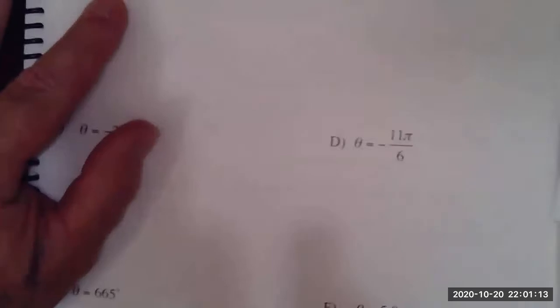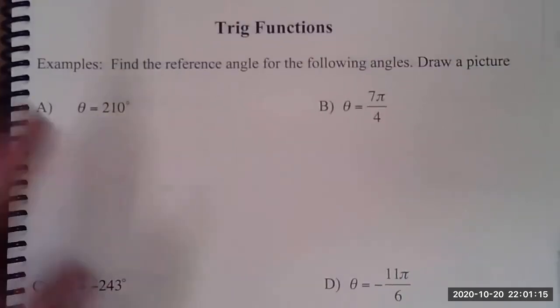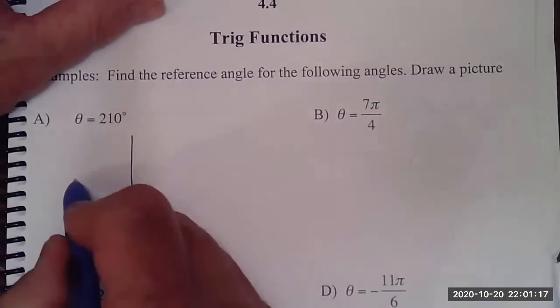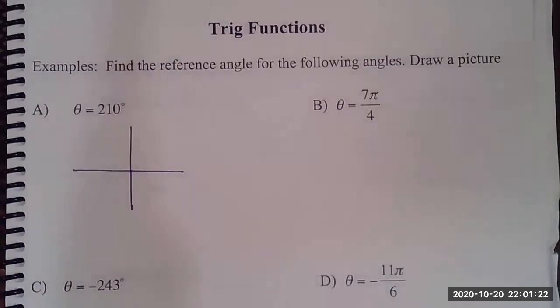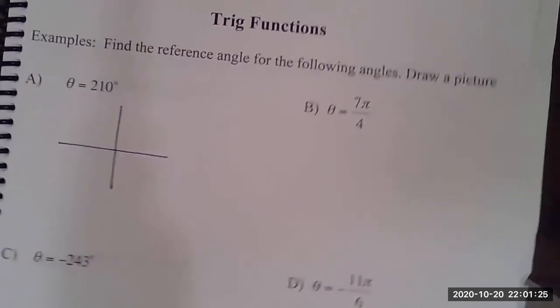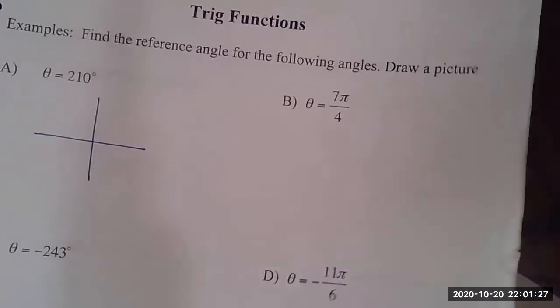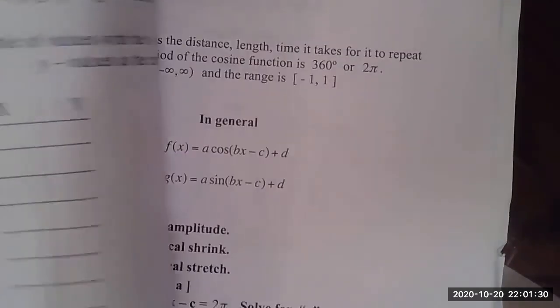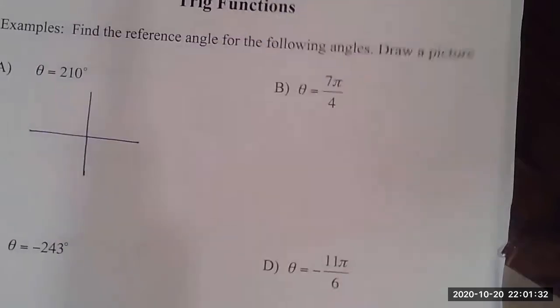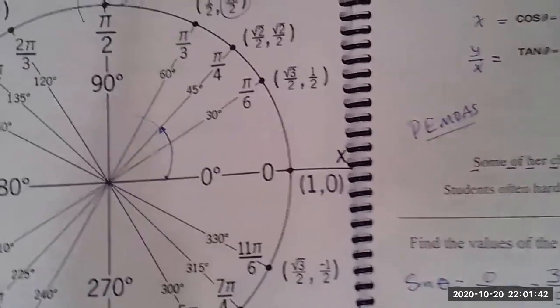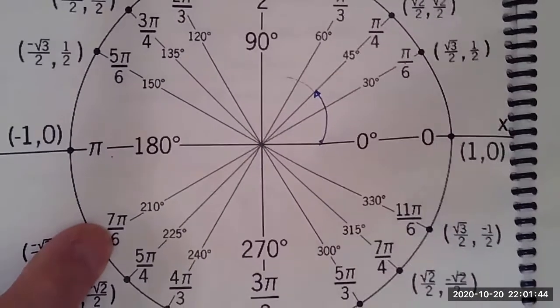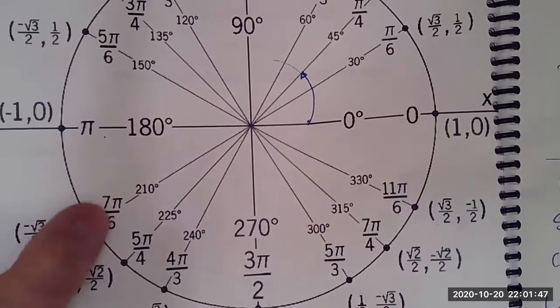So for instance, if I look at 210 degrees and I want to know what the reference angle is, you can look back at the picture, the wheel, that you had before. Here it is right here. You can see where 210 degrees is sitting. That's in quadrant number 3.